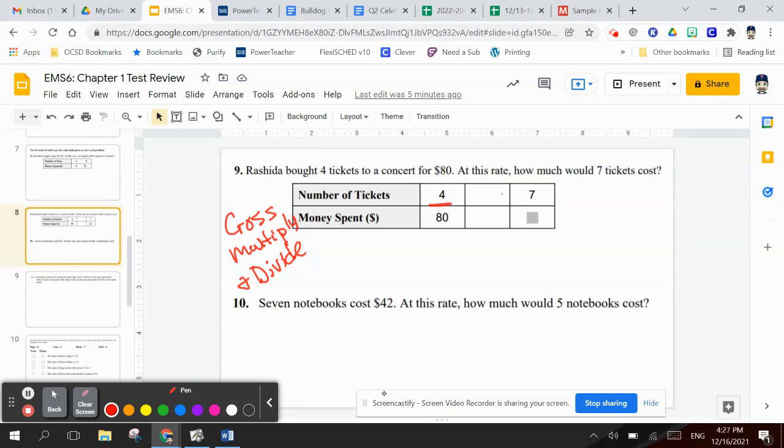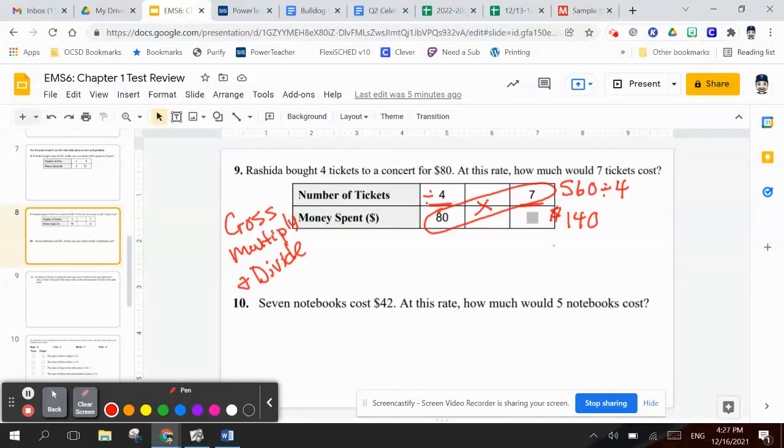So again, here are my two ratios. I'm going to cross multiply. I'm going to take 80 times 7, which is 560. I'm going to divide that by the only number I have left, which is 4. And how much would it cost for 7 tickets? That would be $140.